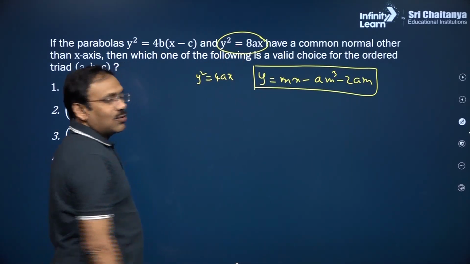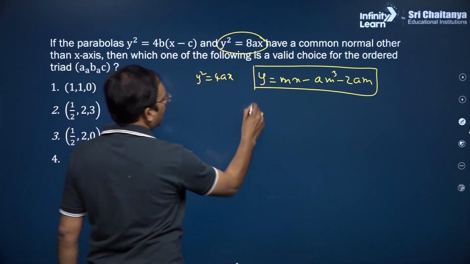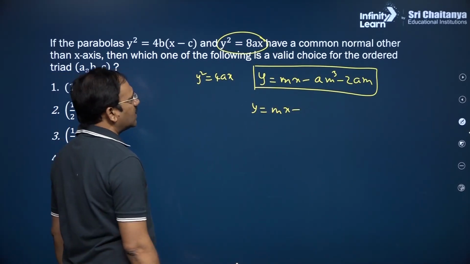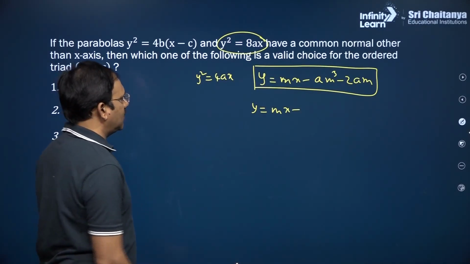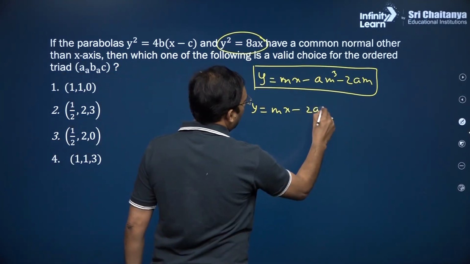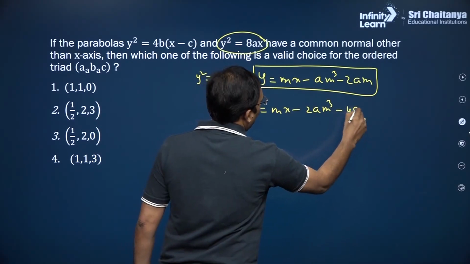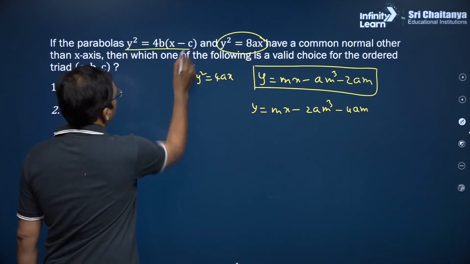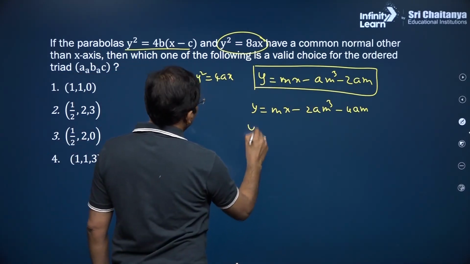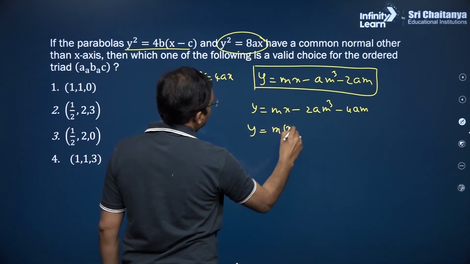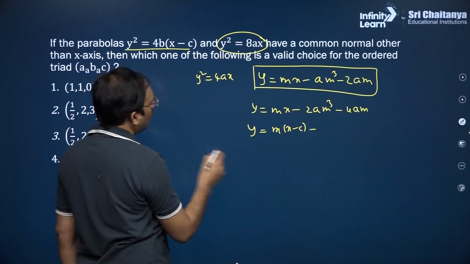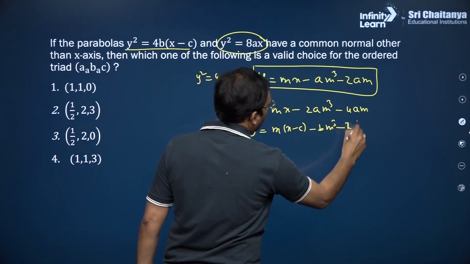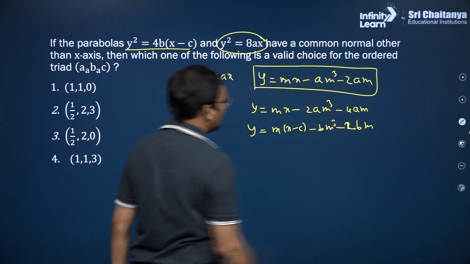Here, for y square is equal to 8ax, what is the common normal? y is equal to mx minus 2am cube minus 4am. And for the second one, you can write y is equal to m into x minus c minus bm cube minus 2bm, right.